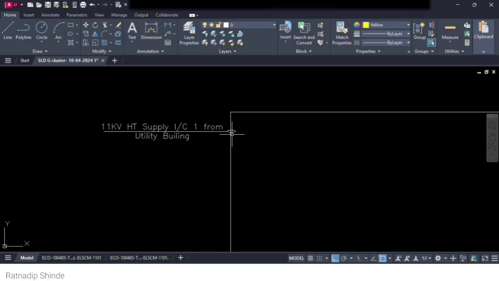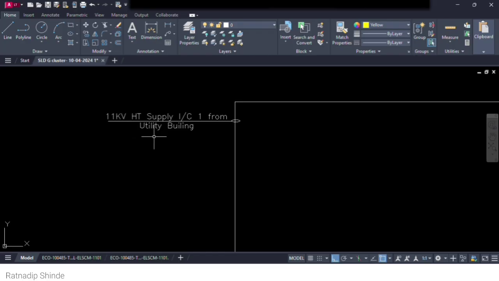The source may be an MSEDCL supply substation, or some substation built in our premises, and the incoming for that substation will be MSEDCL supply.